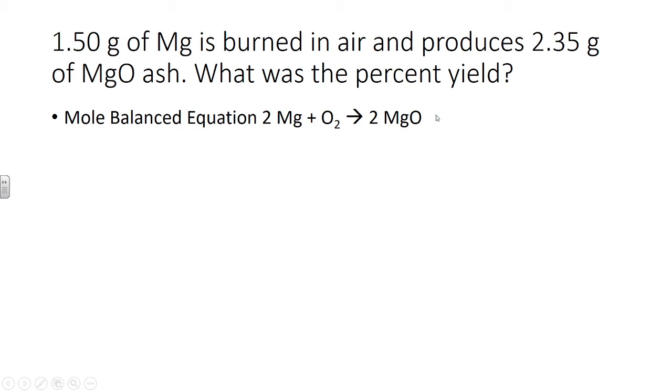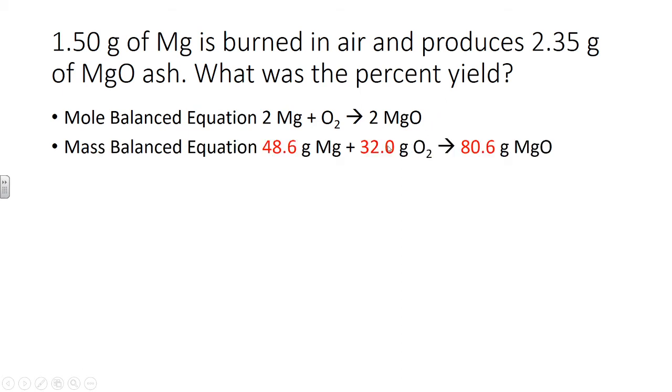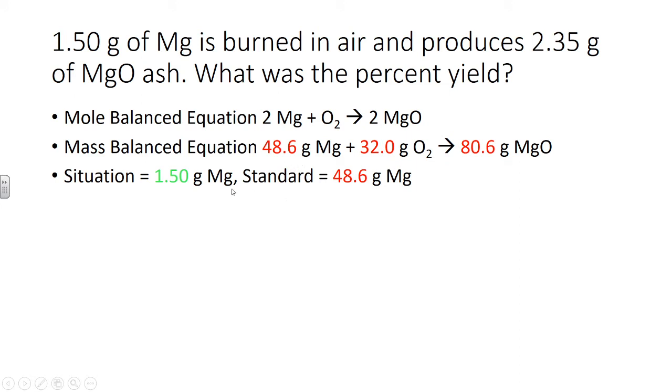So it's time to apply the scale factor method. This is the standard mass balanced equation. And if you run the standard equation, you expect to make 80.6 grams of magnesium oxide. But we didn't use 48.6 grams of magnesium. We used 1.5. That's our situation value. So we're going to apply a scale factor here. Grams of magnesium will cancel. Scale factor is 0.03086.